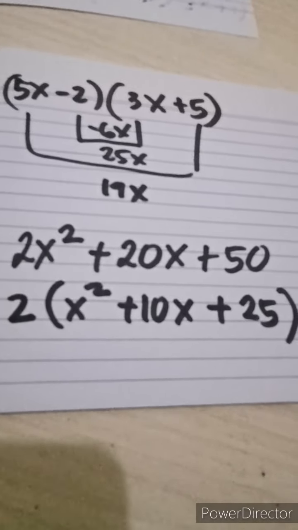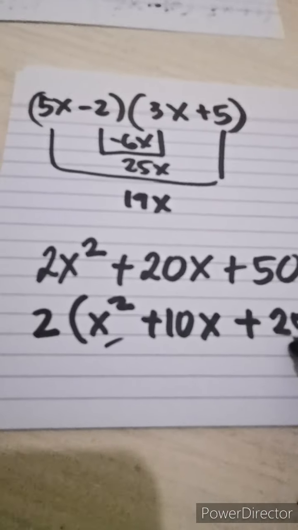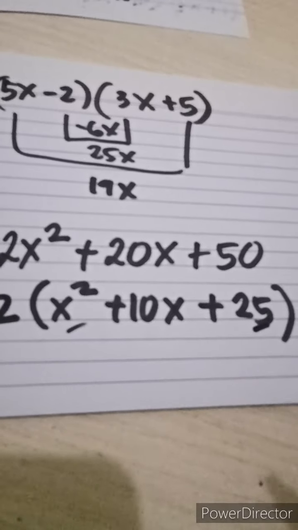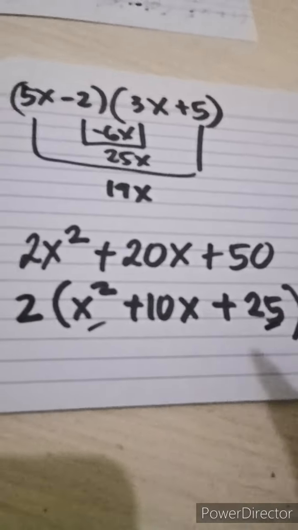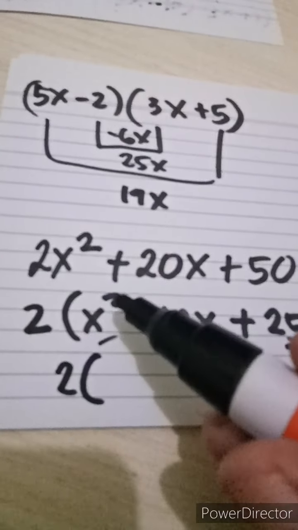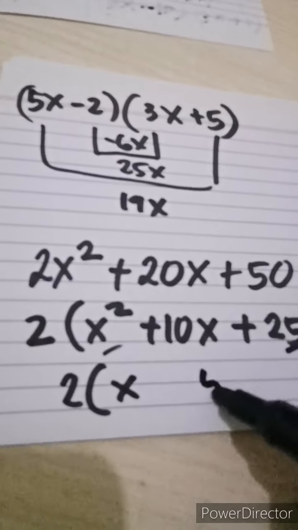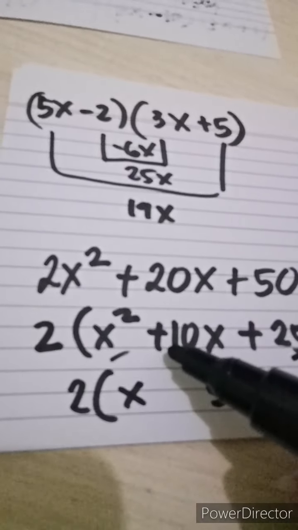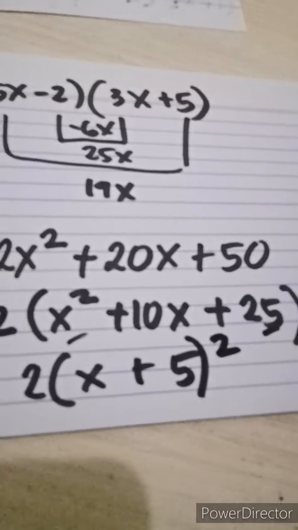Okay. Nakita natin yung una at saka yung hulihan are perfect squares. So, therefore, we will use the PST or the perfect square trinomial. So, just copy 2. Again, get the square root of x squared, which is x. Get the square root of 25, which is 5. Copy the sign of the middle term, which is plus. And then, squared.